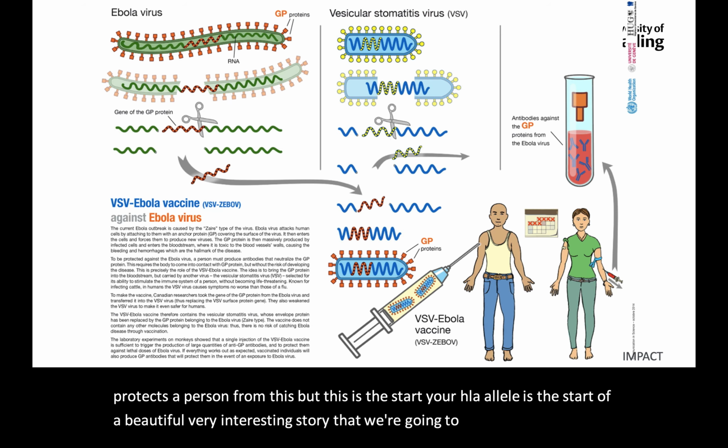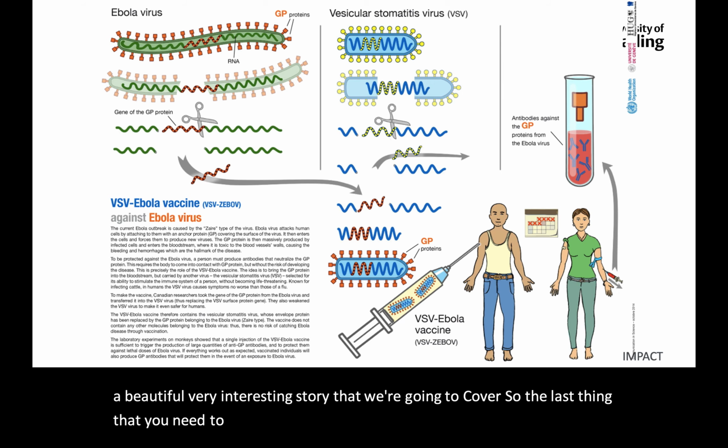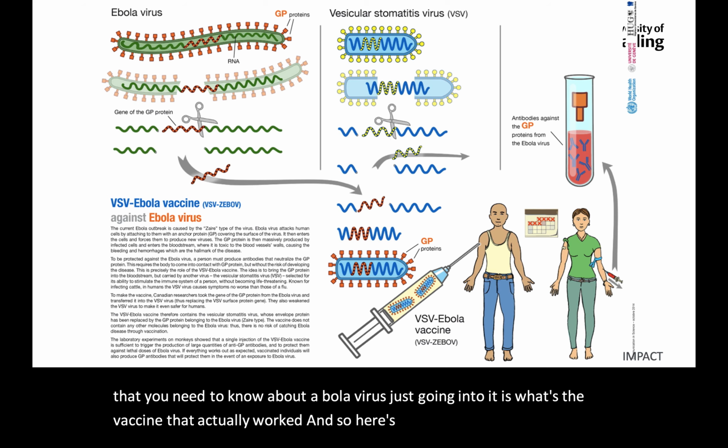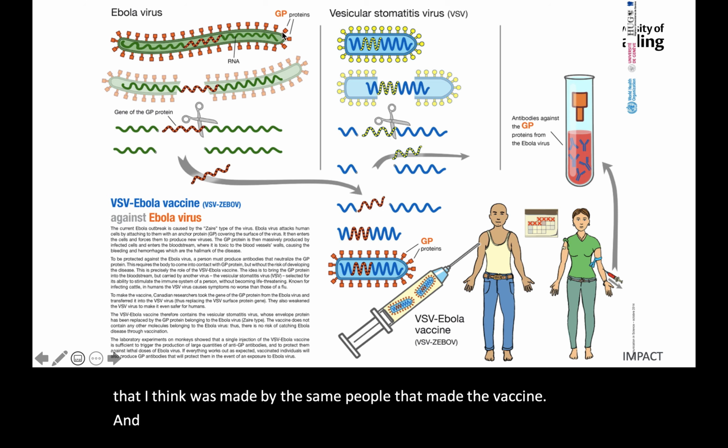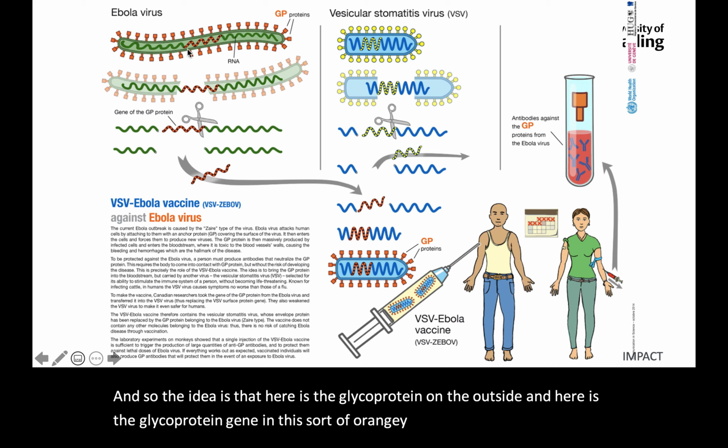So the last thing that you need to know about Ebola virus, just going into it, is what's the vaccine that actually worked? And so here's a nice little infographic that I think was made by the same people that made the vaccine. And so the idea is that here's the glycoprotein on the outside, and here's the glycoprotein gene in this sort of orangey, pinky, reddy color in the middle.